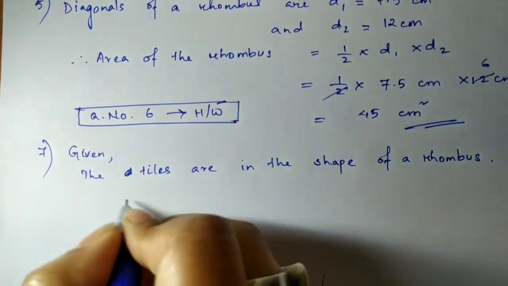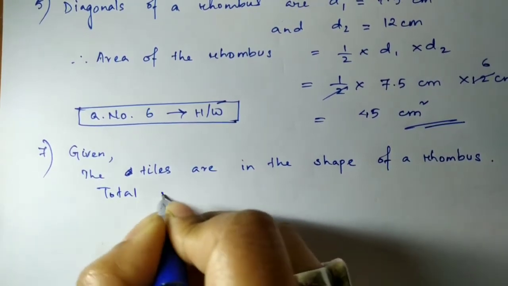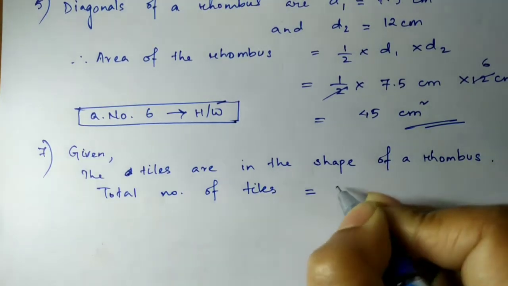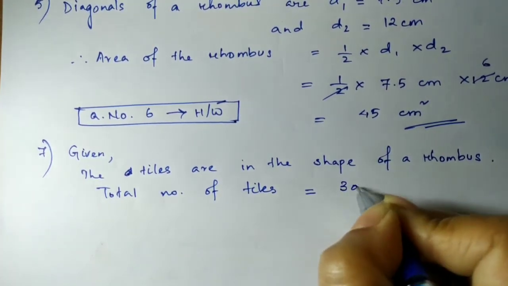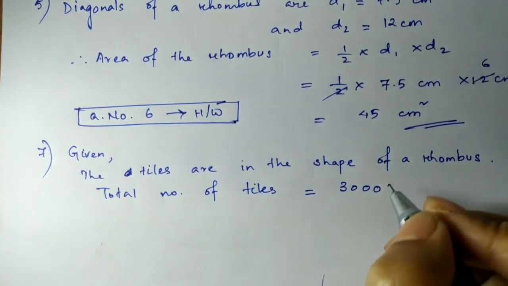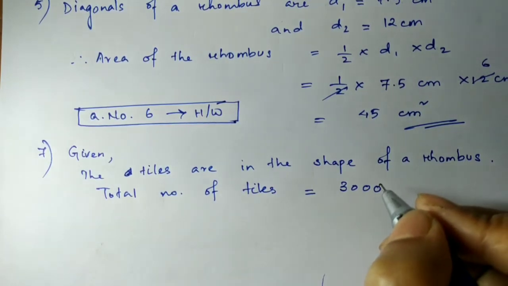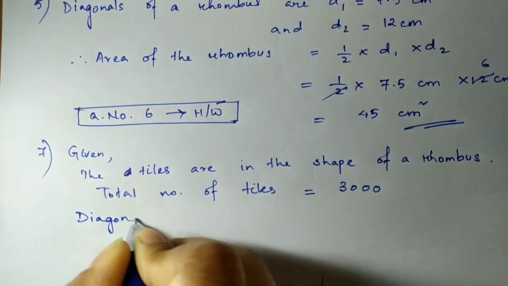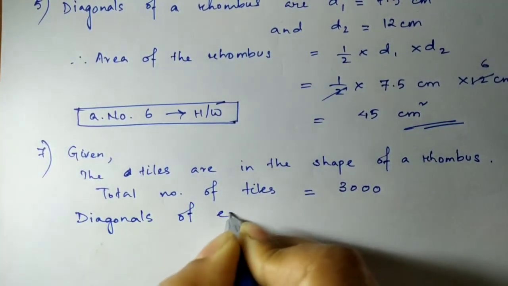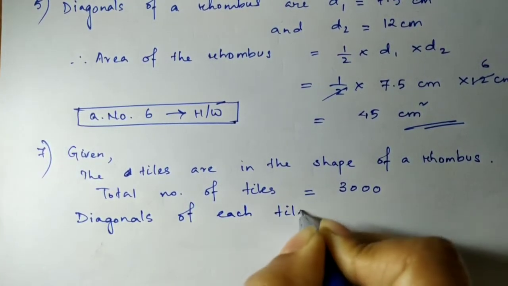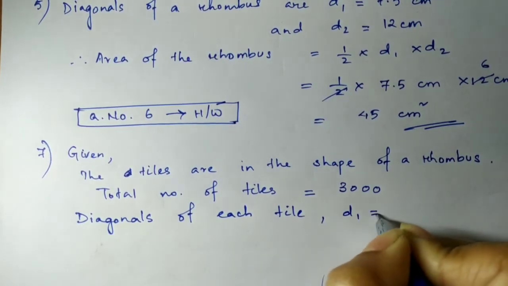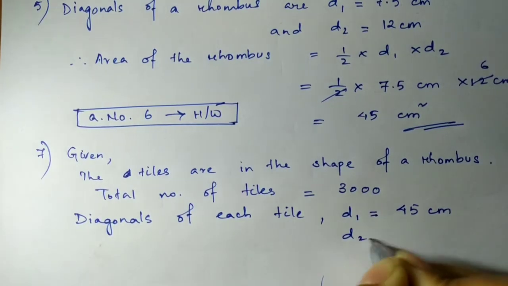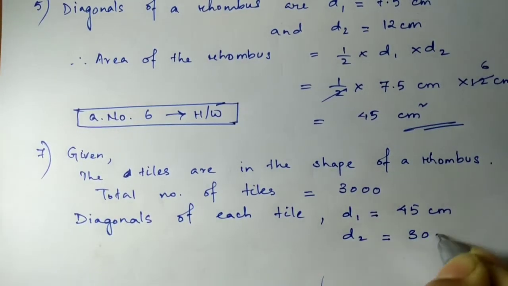Total number of tiles is equal to 3000. Then the diagonals of each tile are given: D1 is equal to 45 centimeter and D2 is equal to 30 centimeter.